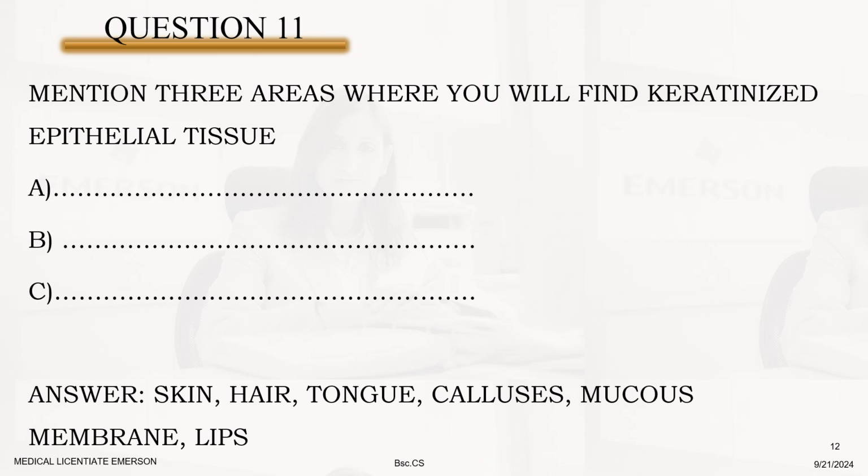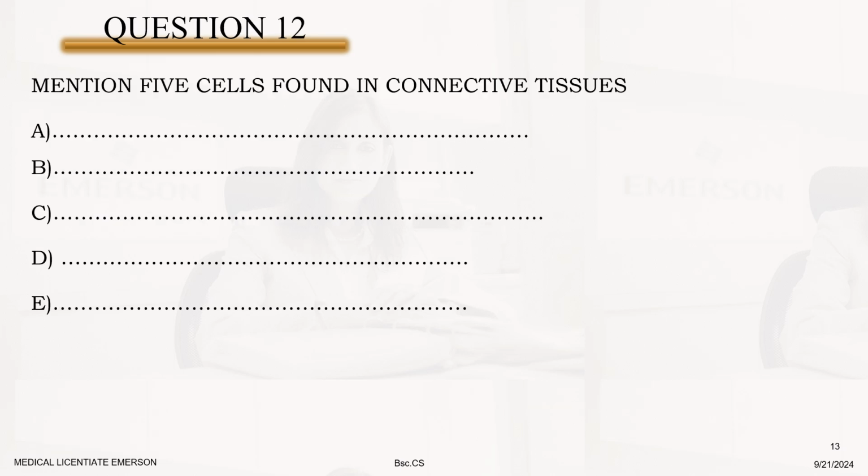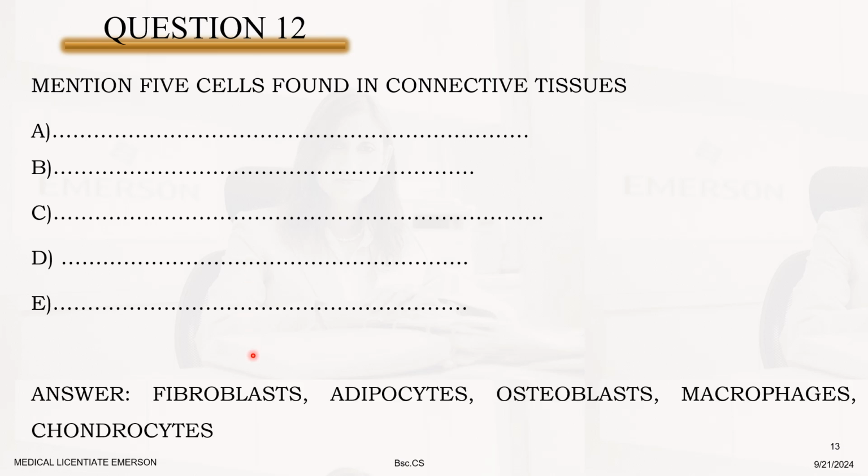That's where we can find them. Then mention 5 cells found in connective tissues. We have fibroblasts, adipocytes, osteoblasts, macrophages, chondrocytes. These are the 5 cells found in connective tissues.